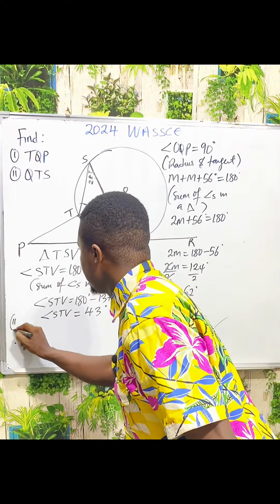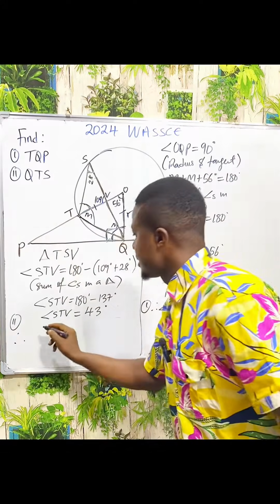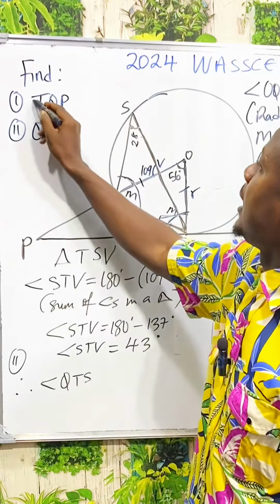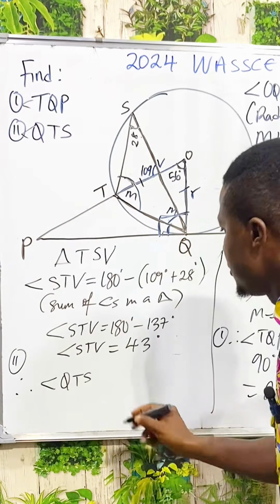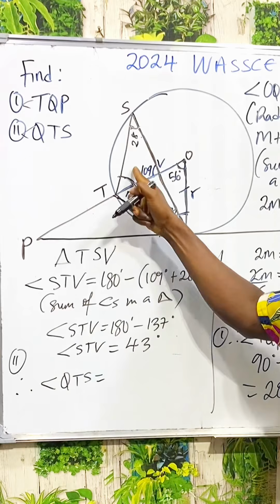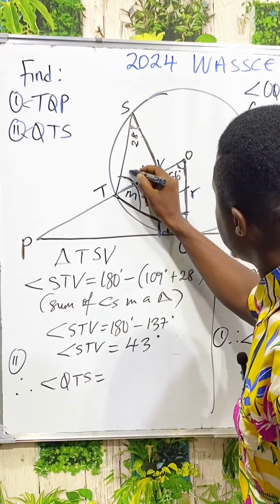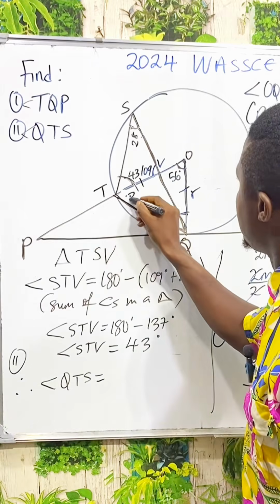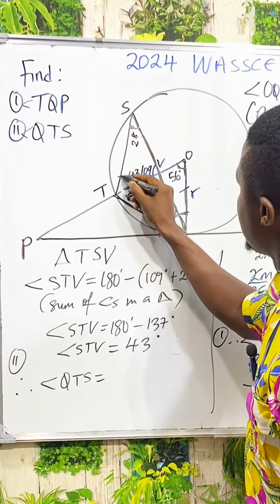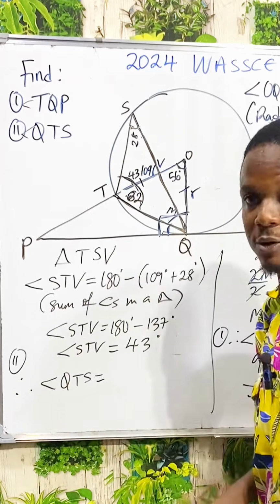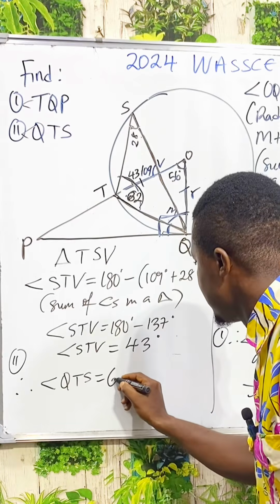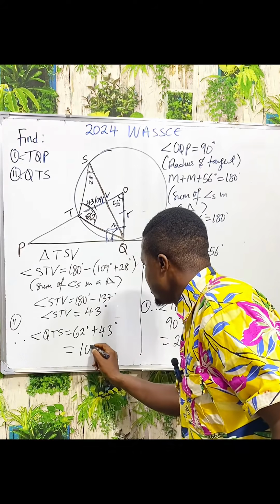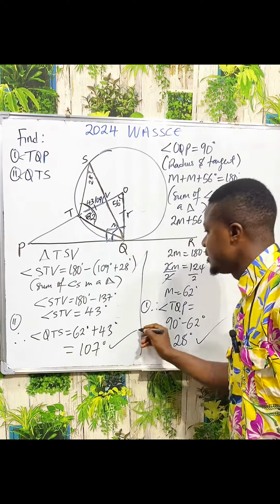Therefore, for the second question, find angle QTS. It will now be the sum of this and this. So here is now 43, while here M is now 62. So the total angle will be 62 degrees plus 43 degrees. When you add, you get 107 degrees.